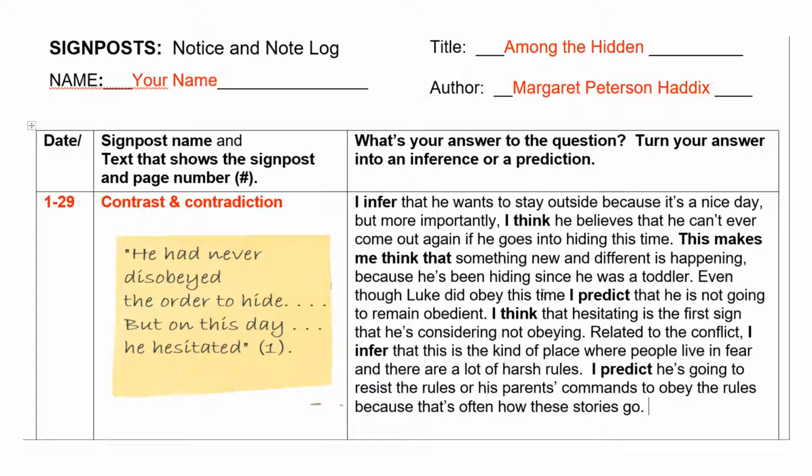You'll notice what I didn't put in here was the text evidence that supports my thinking. I did highlight that in the text, and if I were writing a claim paragraph, I could go back and look for that, but I don't want to write down too much here. I just want to record what my predictions and inferences are for now.